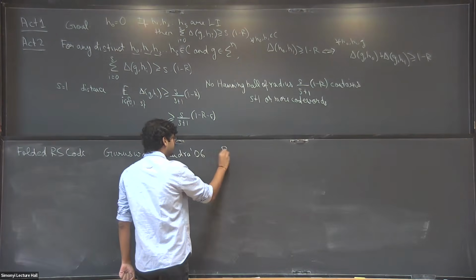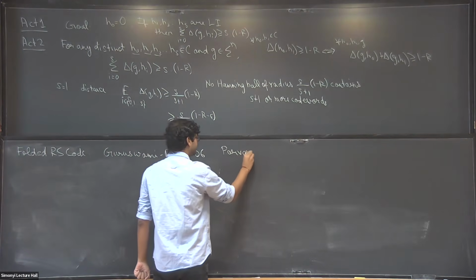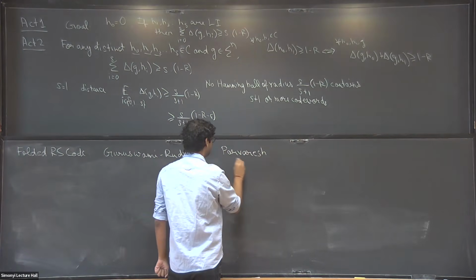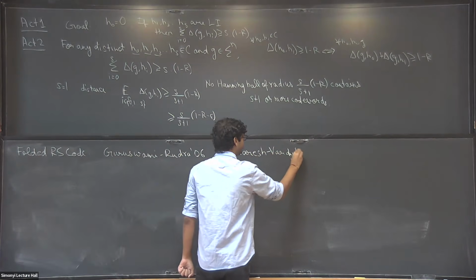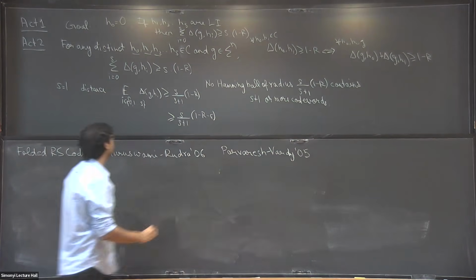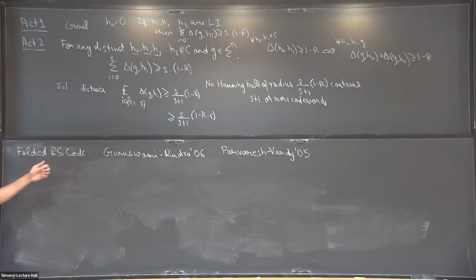There was a precursor to this, which was Parvaresh-Vardy, which did not have this folded Reed-Solomon structure, but it was closely related, based on taking powers of polynomials modulo some irreducible. And I think this may have appeared even before for some random channels.